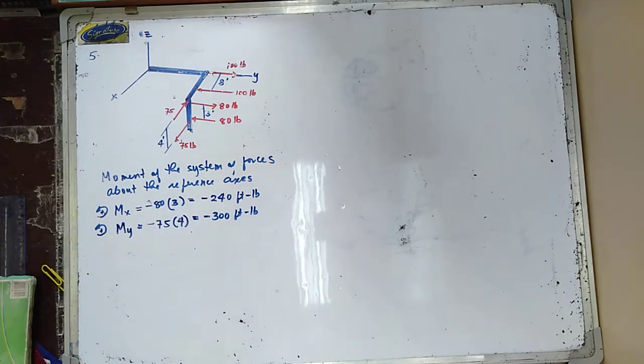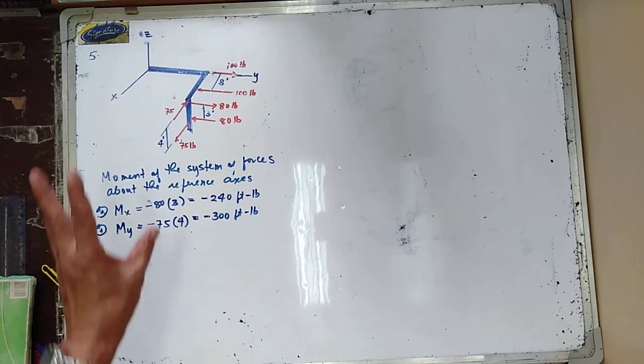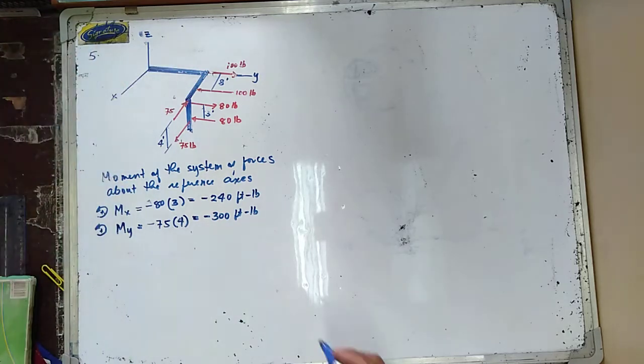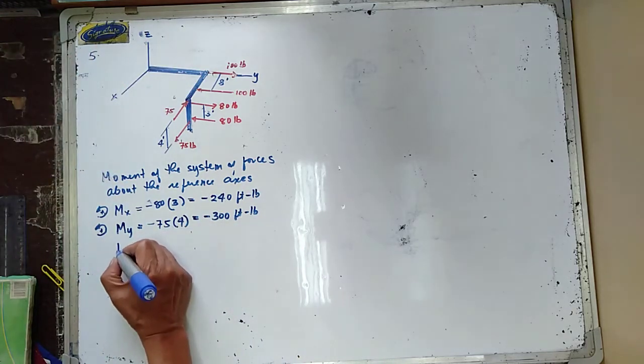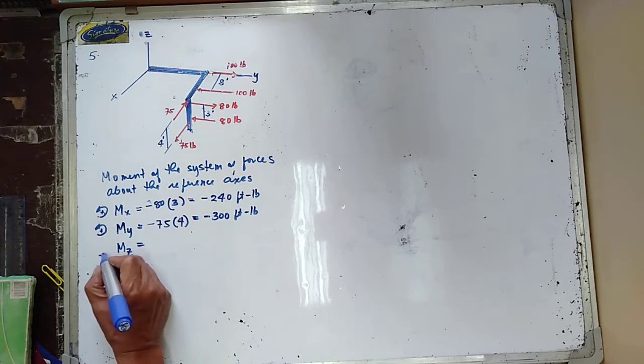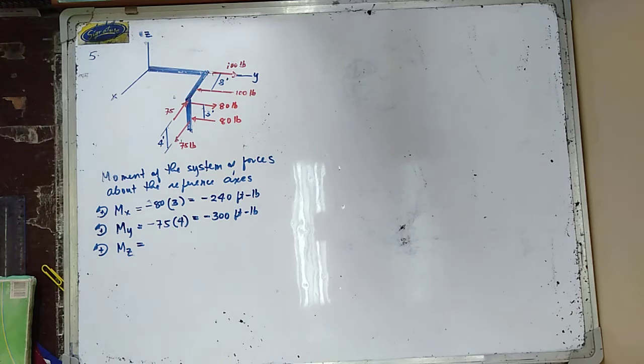Next, let us determine the moment of the three couples about the z-axis, considering again counterclockwise moment as positive.